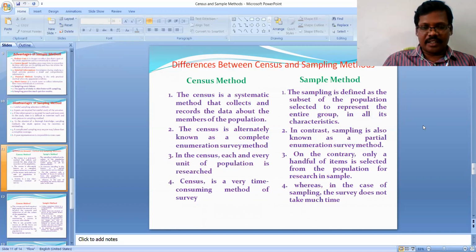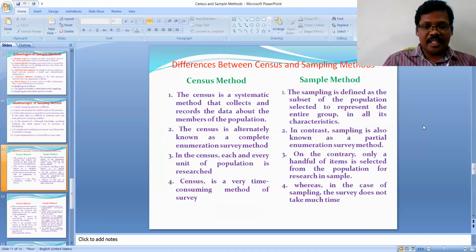Whereas the census is complete enumeration, sampling is partial enumeration. In the census method, each and every unit of the population is going to be studied. But in the sampling method, only a handful of items is selected from the population for the research, in the name of the sample.